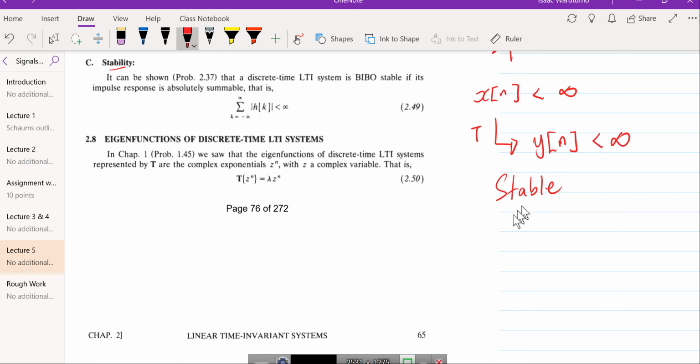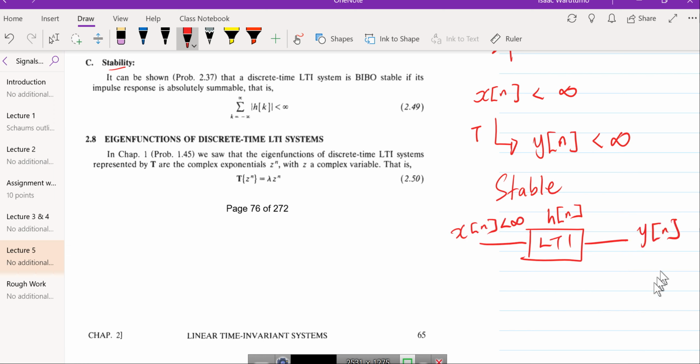Otherwise, if you give an input x of n which is bounded to your system T, or LTI, and this system gives you a y of n that is approaching infinity, that system is said to be unstable. The proper word is unstable.